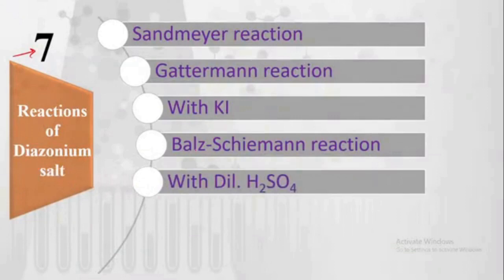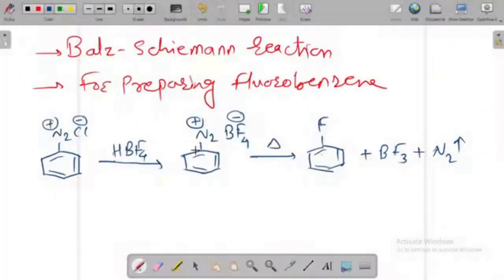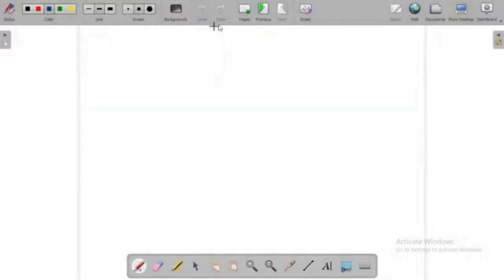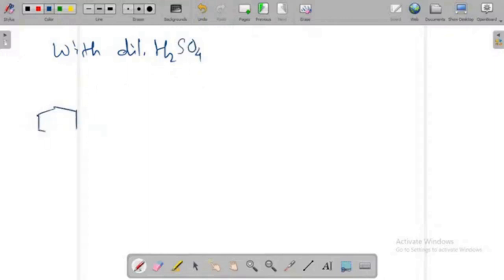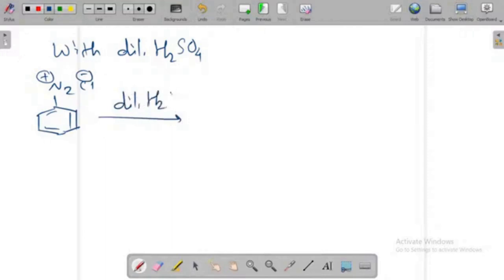The reaction with dilute H2SO4. So what is the reaction with dilute H2SO4, that we will see. This benzene diazonium chloride, N2 plus Cl minus, on reaction with dilute H2SO4 gives phenol.